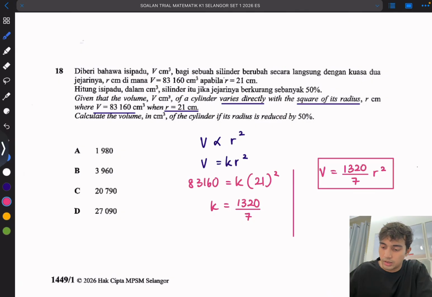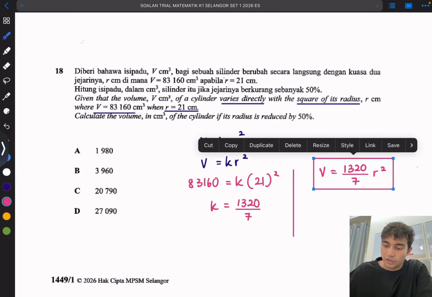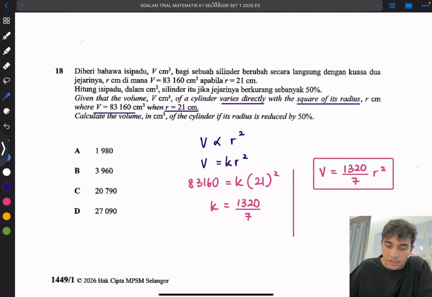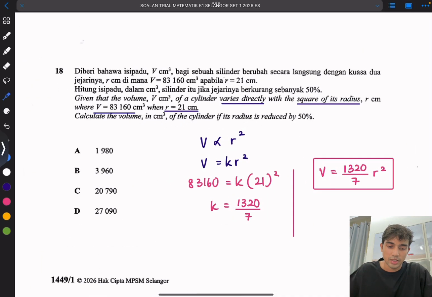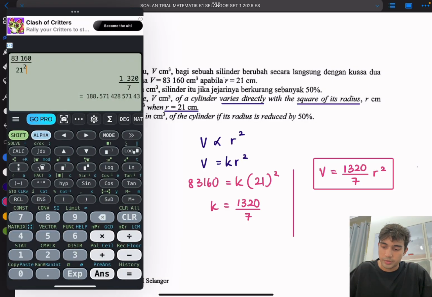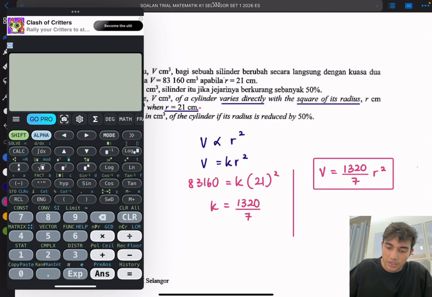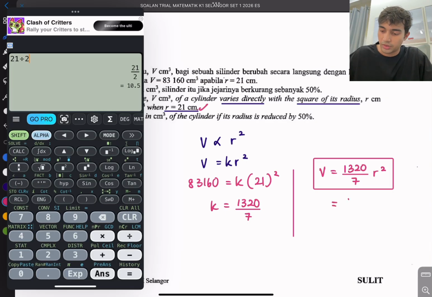Now we can go ahead and solve. They said calculate the volume when the radius is reduced by 50%. Reduced by 50% means cut in half. Radius initially was 21. We divide it by 2, we get 10.5. So our new radius is 10.5.